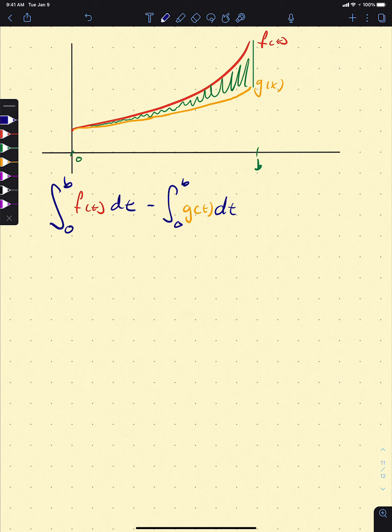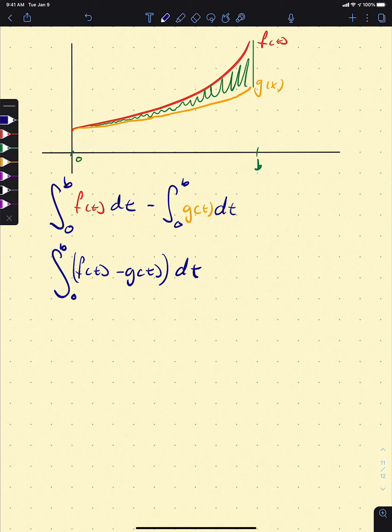But since our integral will split over differences when the bounds are the same, this is the integral from 0 to b of f of t minus g of t dt, right? That's the core insight here that allows us to do it, okay?